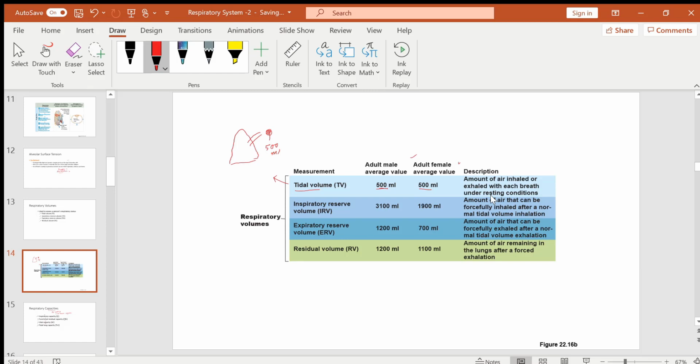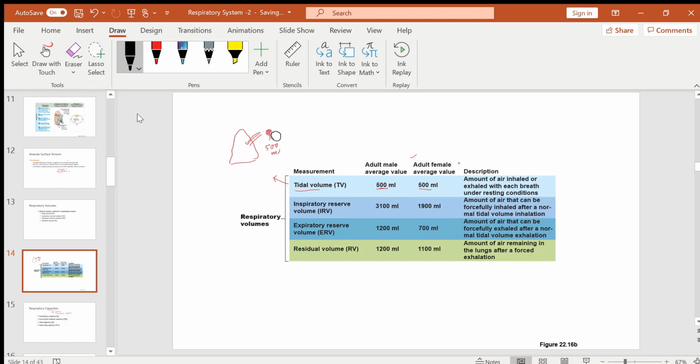Then if I ask you to take a normal amount like 500 milliliter inside your lung, okay, so that is the normal amount you have taken. And now if I ask you to stop and take more air forcefully, take more air forcefully.